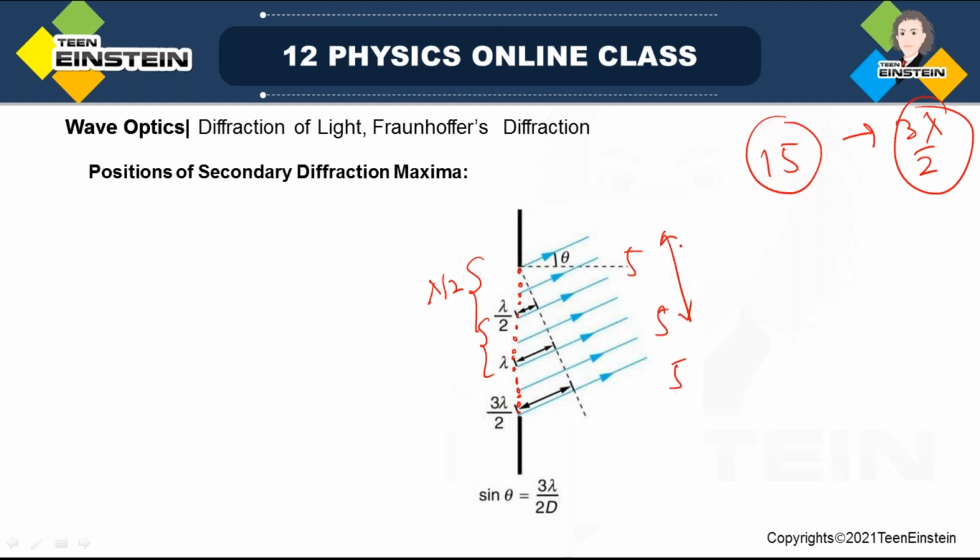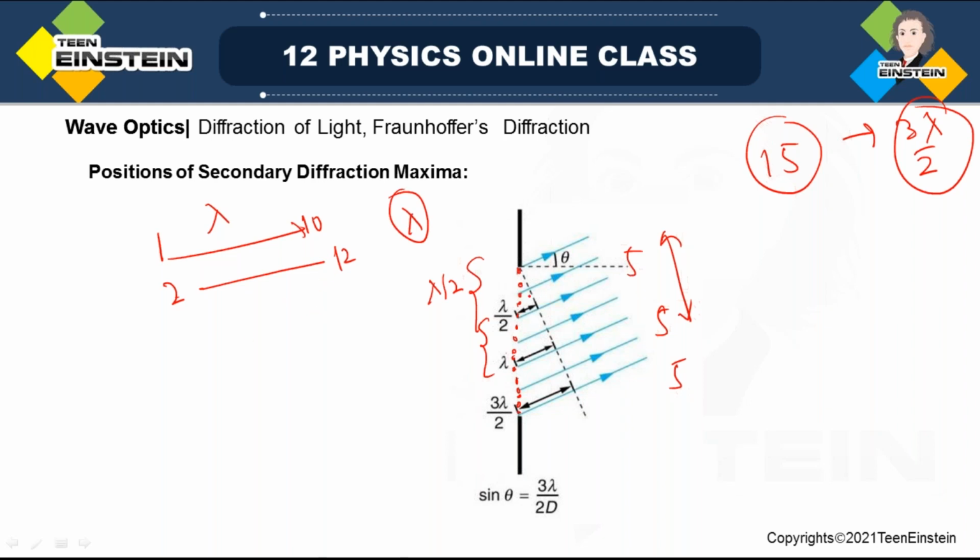So look, of the first 10 sources, if you take the first one and the 10th one, they will give you path difference lambda. If you take the second source from the first portion, you have to take the 12th one, that will give you path difference lambda.